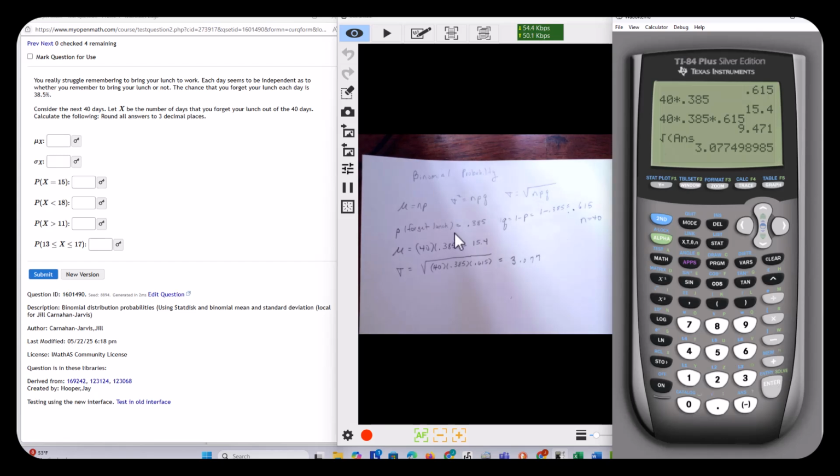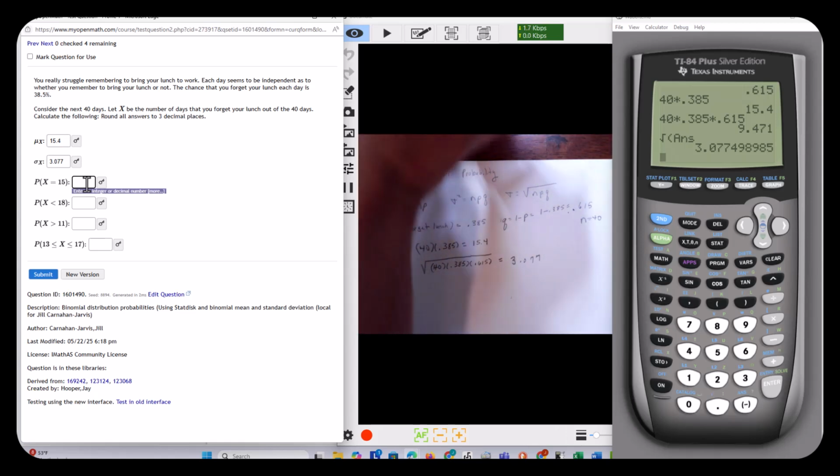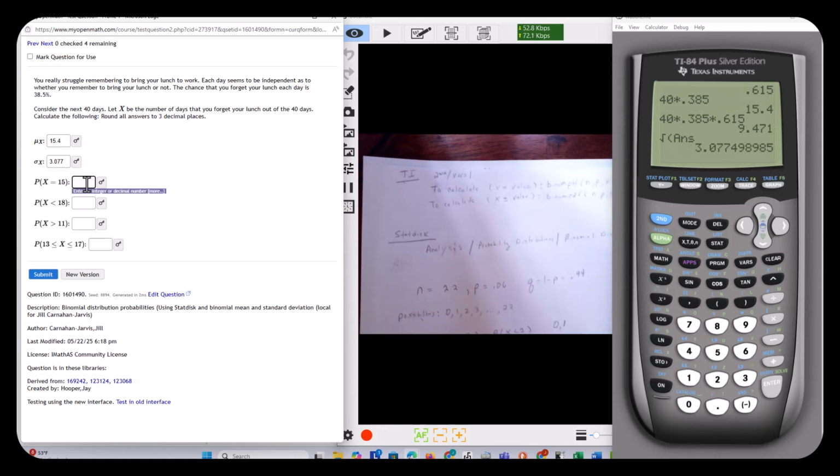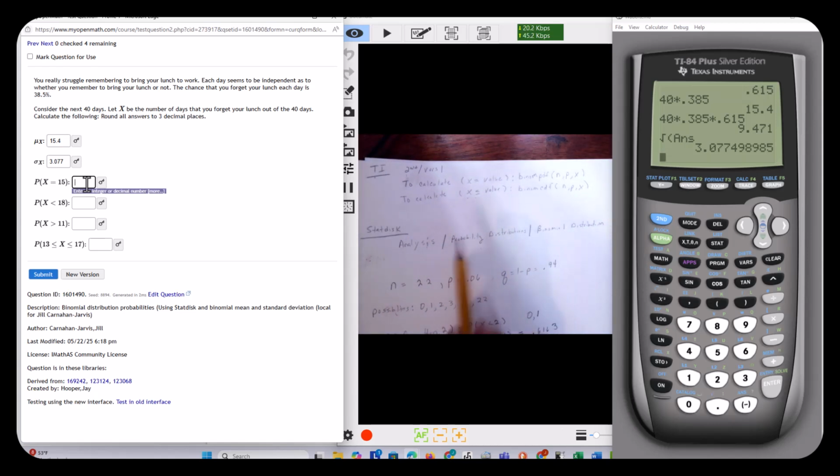Go ahead and put these in here. Okay, I think I'm going to use Statdisk for the rest of these. Especially recall on your TI, when you use the binomial PDF, that's for the equal, and that's okay.